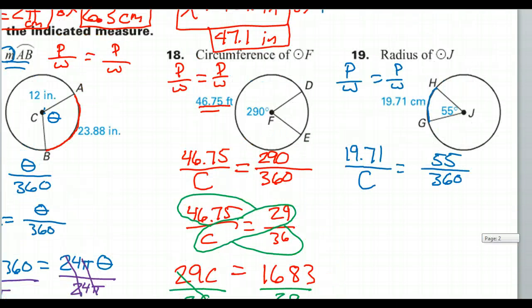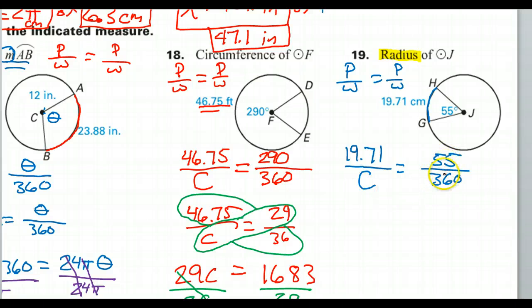On this problem, we are being asked to find the radius. Now, the good news is, once we find the circumference, finding the radius should be pretty easy. But we will not be done when we find the circumference, so do not stop. So don't use X. So let's cross multiply.